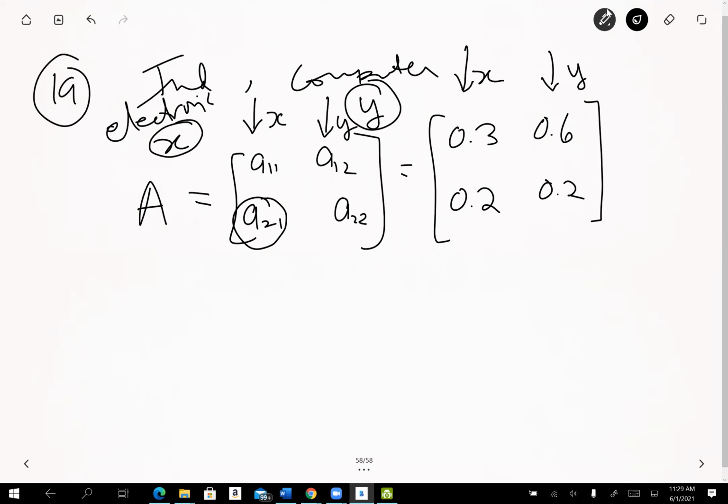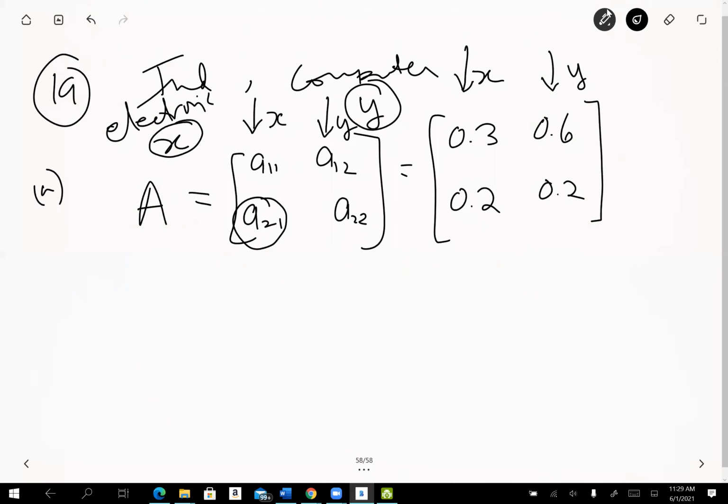Now we just focus on the column, because that's how we get the input requirement for each of the industries. So once you get that matrix A, that's part A, we already have the matrix.